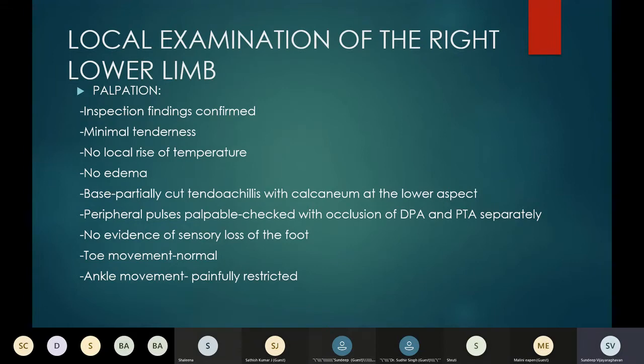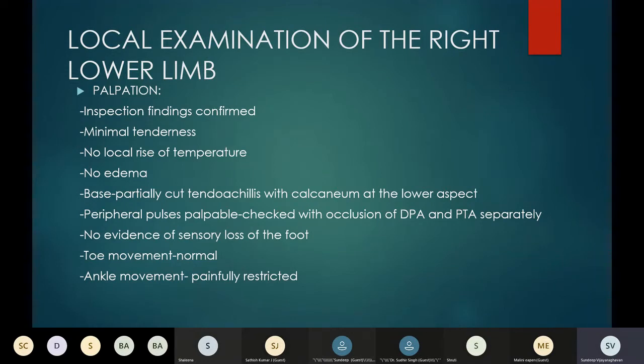Peripheral pulses were palpable. Individually, the dorsalis pedis and posterior tibial arteries were occluded, and the other artery was checked to assess the flow, and they were individually palpable.